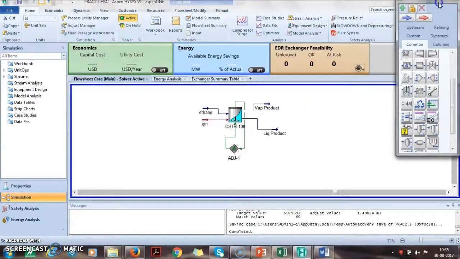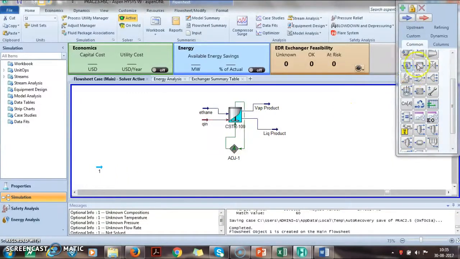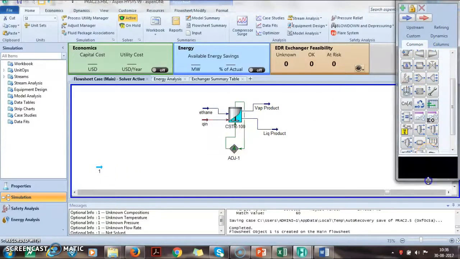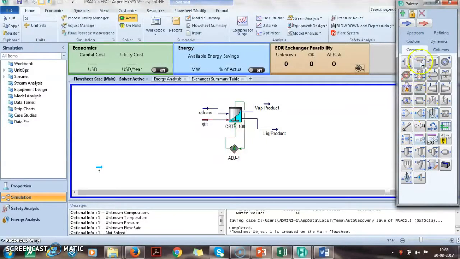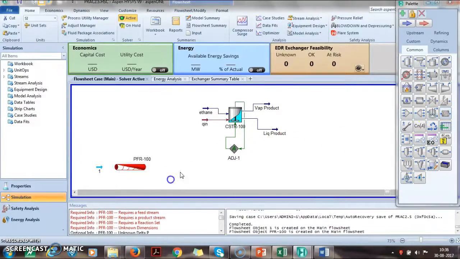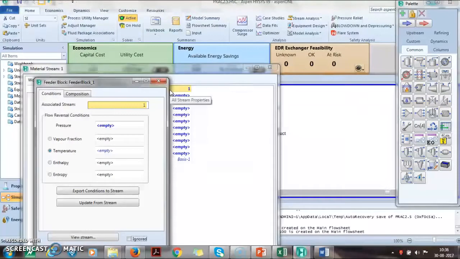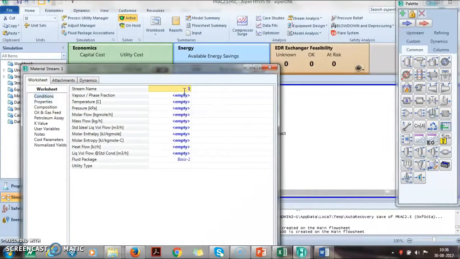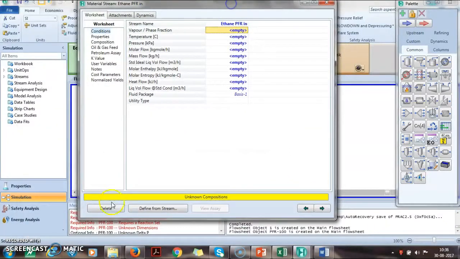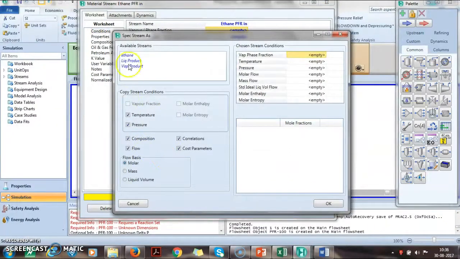The same thing you can do with the help of a PFR. We'll take the plug flow reactor, and we'll define this as ethane PFR, and we'll define it from our stream of ethane.